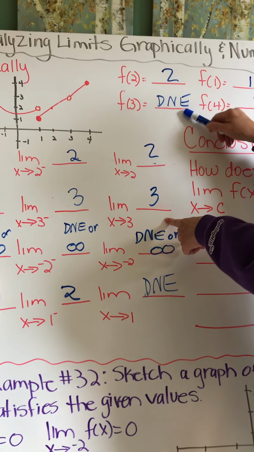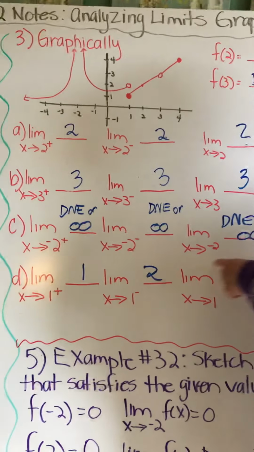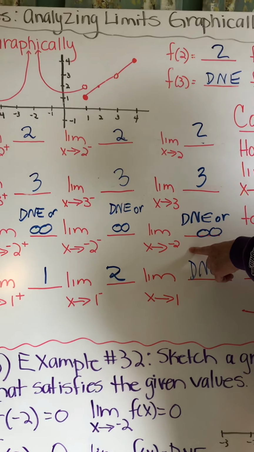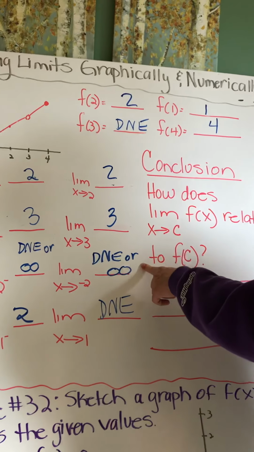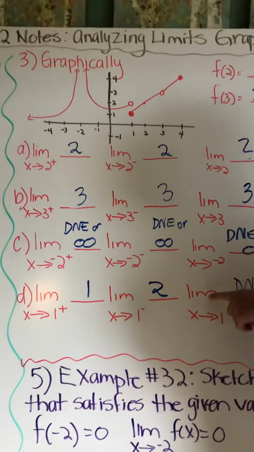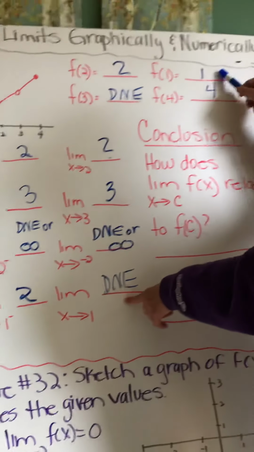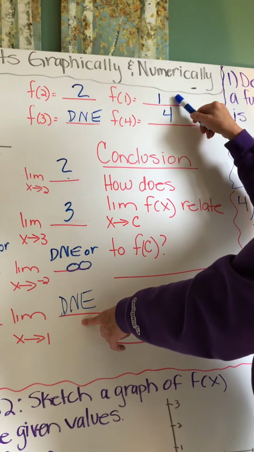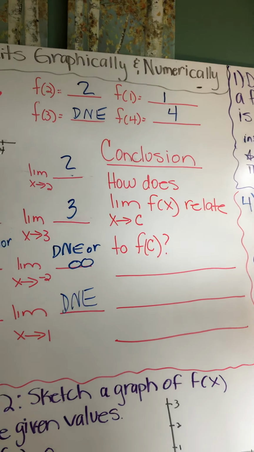But take a look, the value of the function doesn't exist there. On C, the limit as x approaches -2 does not exist, and I didn't have a comparable one there. Just mixing it up a little bit. The limit as x approaches 1, that limit does not exist, but notice it actually has a value of the function there. So my conclusion is what I said before.